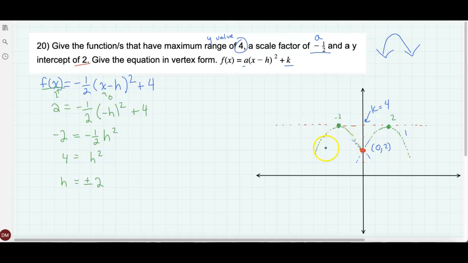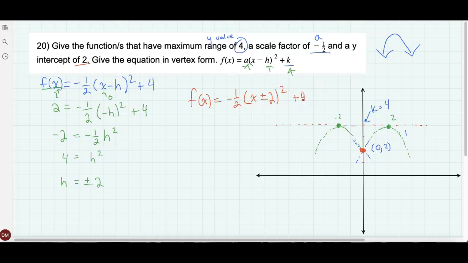Now that we have h, we have 2 different h values. We have k, we have a, we have everything. So our function is f of x is equal to -1/2 (x plus or minus 2) squared plus 4.